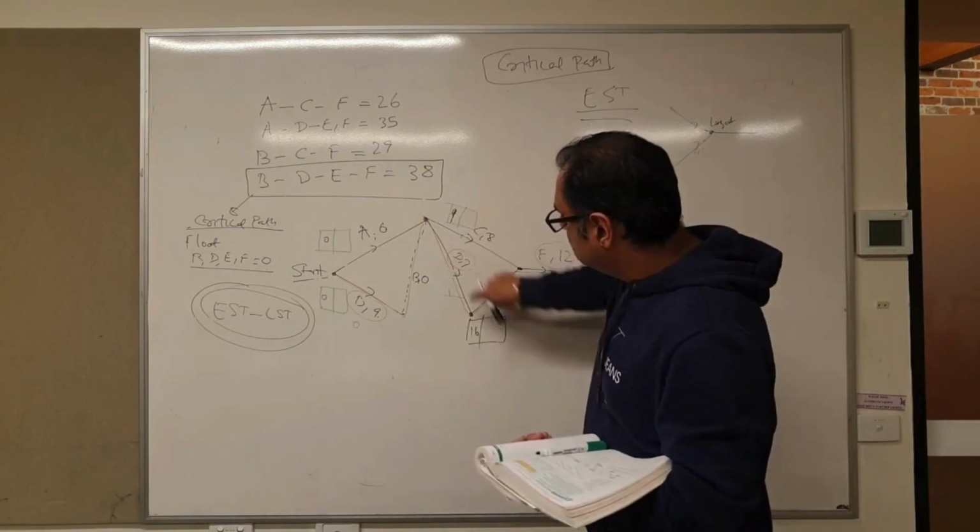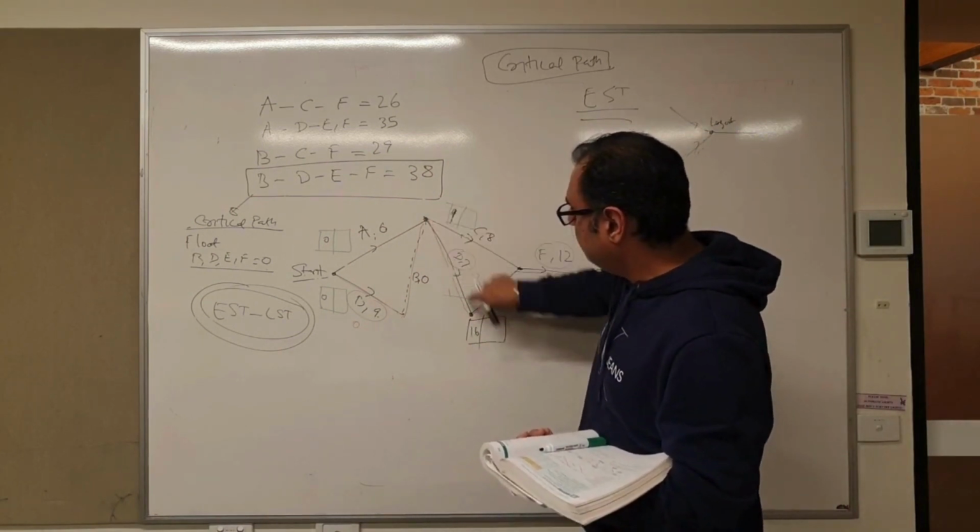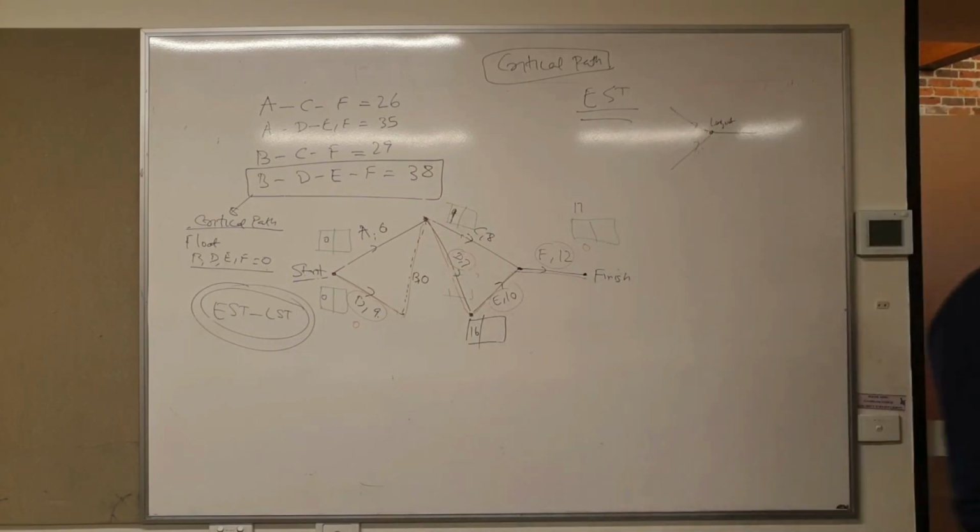You write 16 because there is no other connection to E from D. Right?